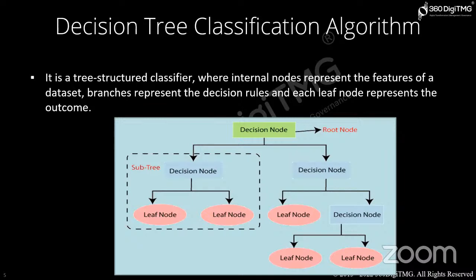It further splits into decision nodes. Then the decision node again splits into leaf nodes, which is the ending point. This decision node and leaf nodes should be considered a subtree. Again, that node is converted into a leaf node and a decision node, and the decision node is further split into leaf nodes.